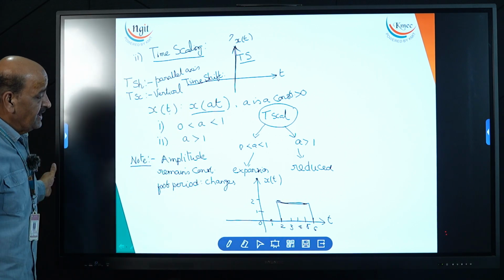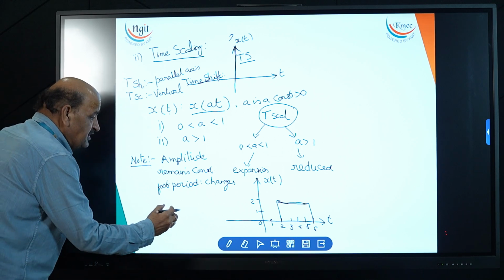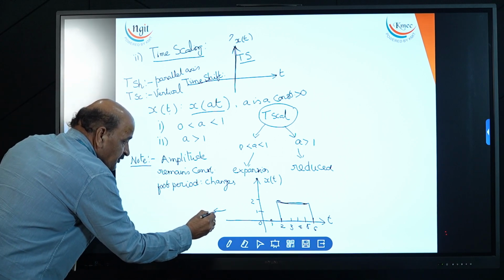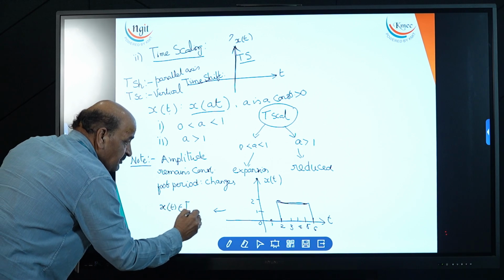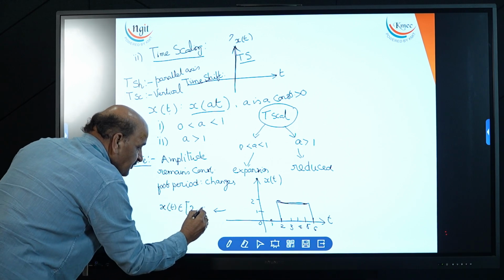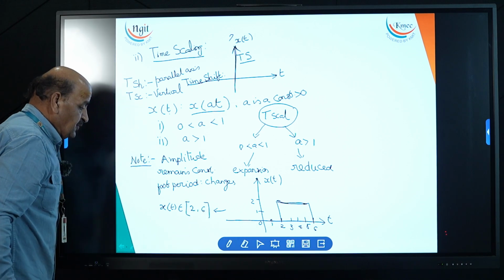This is the actual signal given. What is its period? x of t lies between 2 and 6.